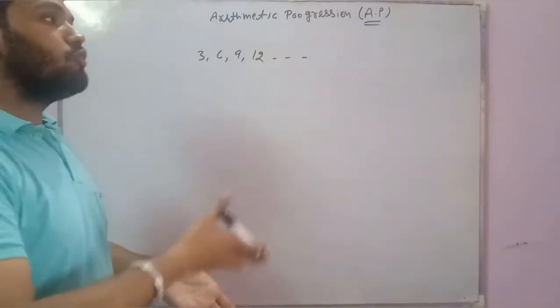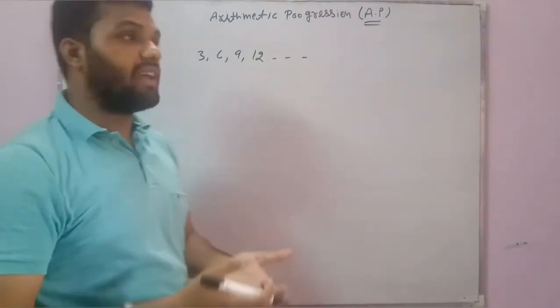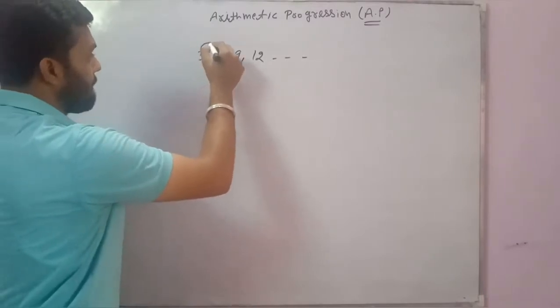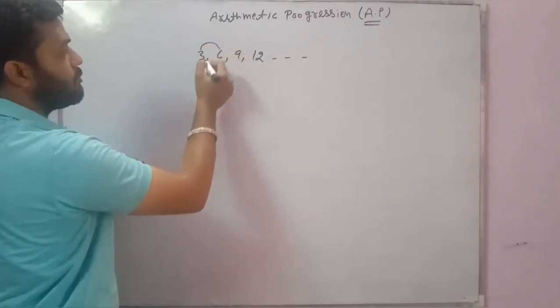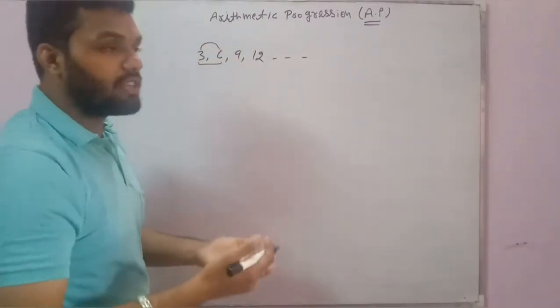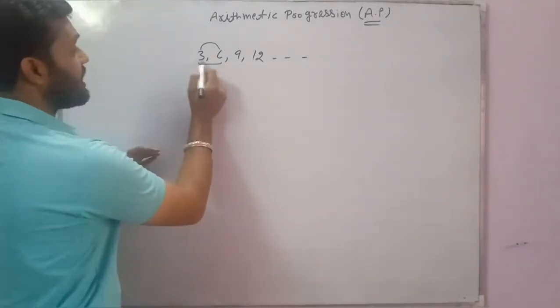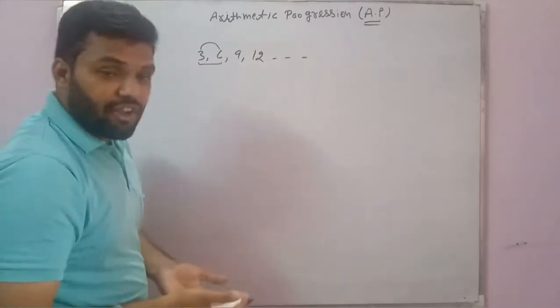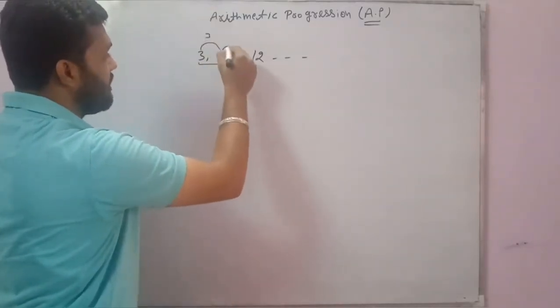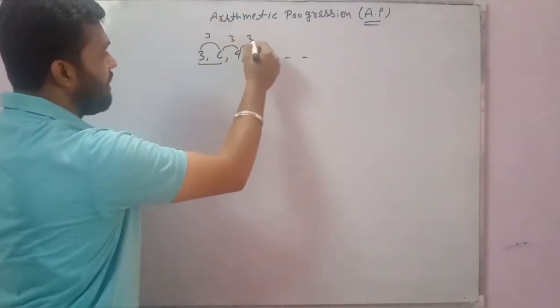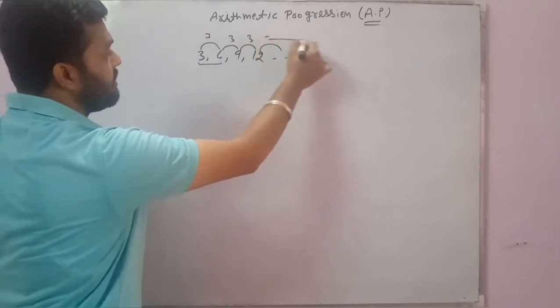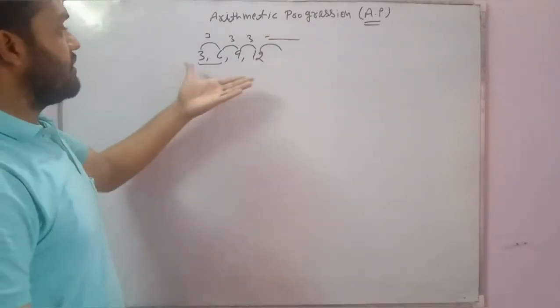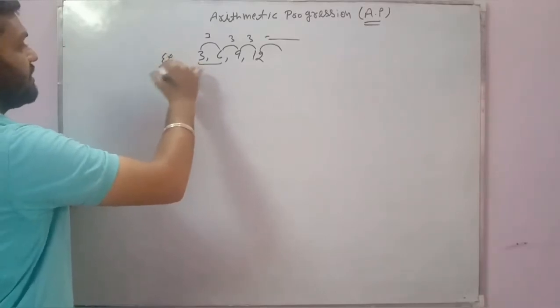Difference between two consecutive terms remains the same. लगातार दो जो भी टर्म्स हैं, उनके बीच में जो भी डिफरेंस है, 3, again 3, again 3 and so on. ओके, दिस इज ए AP.